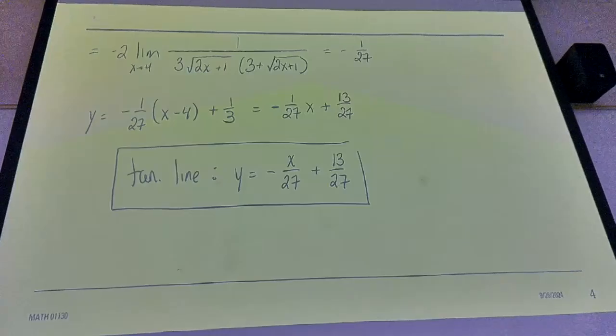So let's go just a simple function. Tangent of x. Find the slope of tangent of x at pi over 4. You take the limit of what? Tangent of x minus 1 over x minus pi over 4. Find that limit.